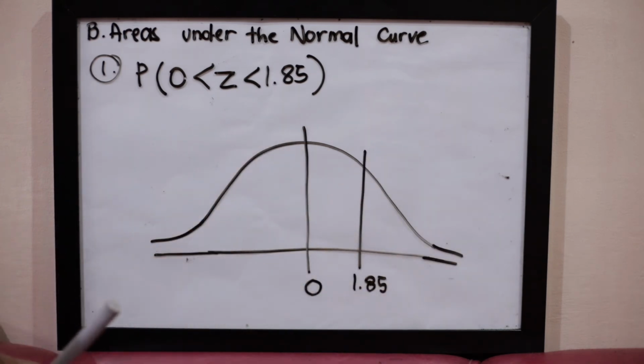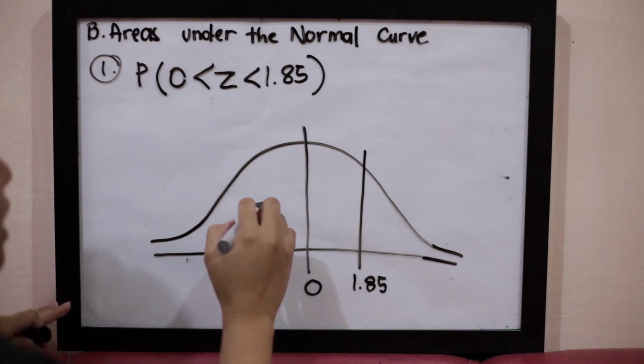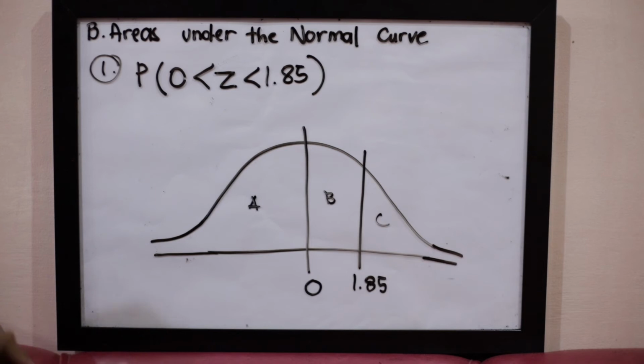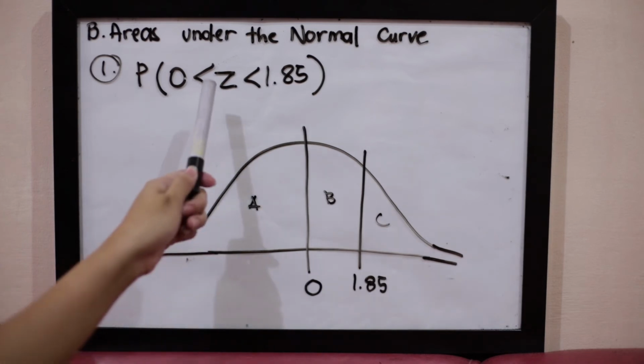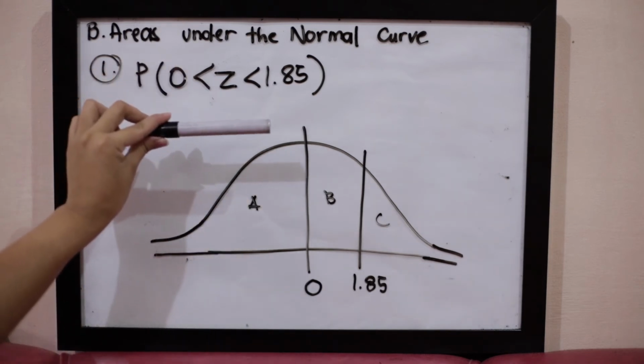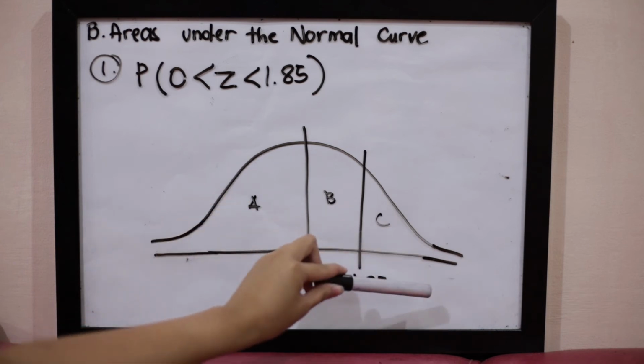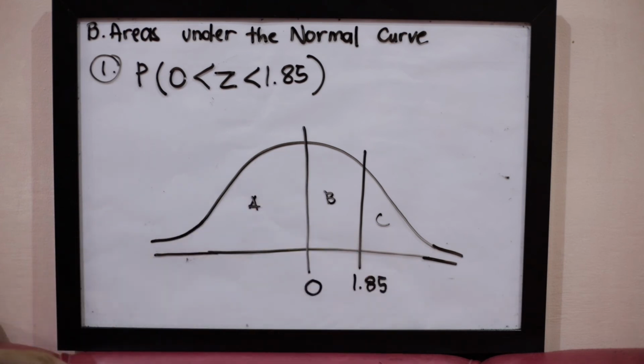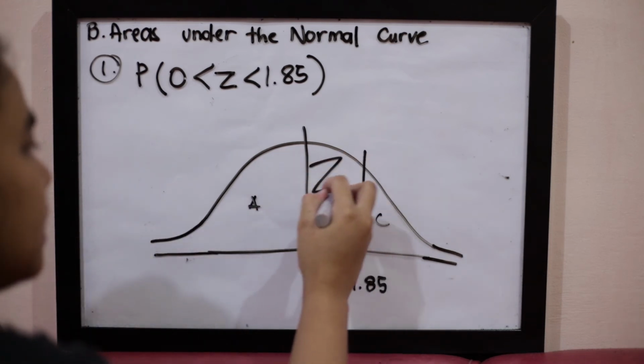So, yung normal curve natin is divided into 3 regions. Let's say this is A, B, and C. So, ano po kayang region yung makakapag-satisfy sa given inequality natin na greater than 0 daw pero less than 1.85? So, if your answer is letter B, then you are correct. This is our shaded region.